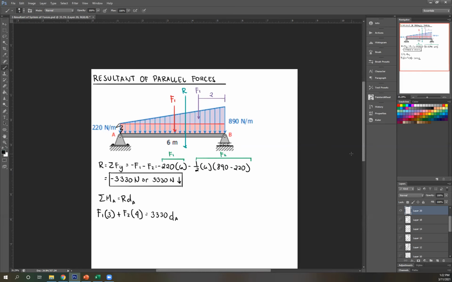You can solve for dA, which is just 3.60. Then our unit is in meters. So to complete, positive answer, therefore correct assumption, it is to the right of A. If you get a negative, that could mean your R is to the left of A.